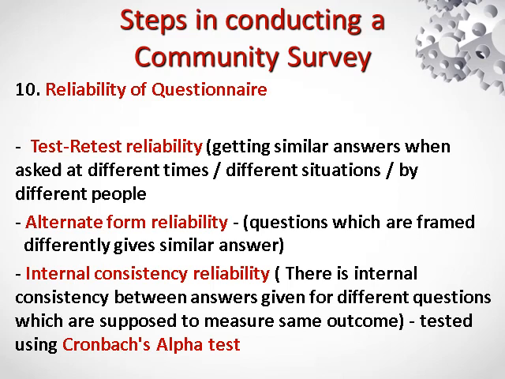Is there any internal consistency? Tested using the Cronbach alpha test. If the value is more than 0.7 means there is internal consistency reliability in the questionnaire. So these are the three things we have to keep in mind when you are testing reliability: test retest reliability, alternate form reliability, internal consistency reliability, which is tested by the Cronbach alpha test.